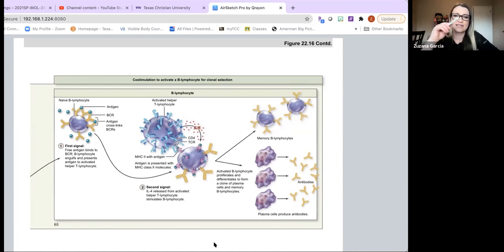And what that does is it stimulates the B lymphocytes. Some of them will become memory B lymphocytes, and a bunch of others will transform into what we call plasma cells. These plasma cells are like your little mini factories for antibodies.